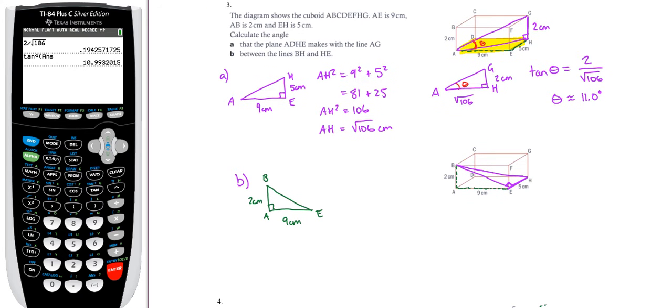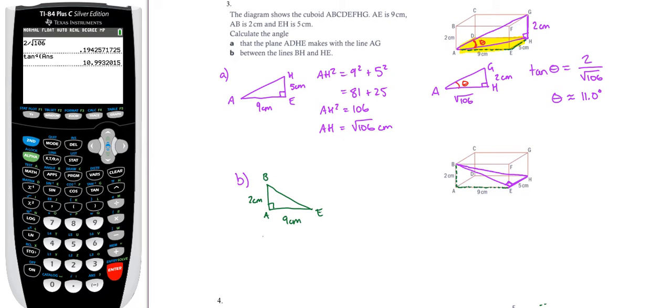So if I'm interested in finding BE, which will help me with the ultimate goal here, then I can use the Pythagorean theorem. So 2 squared plus 9 squared. So BE squared is 85, which means BE is the root of 85 centimeters.